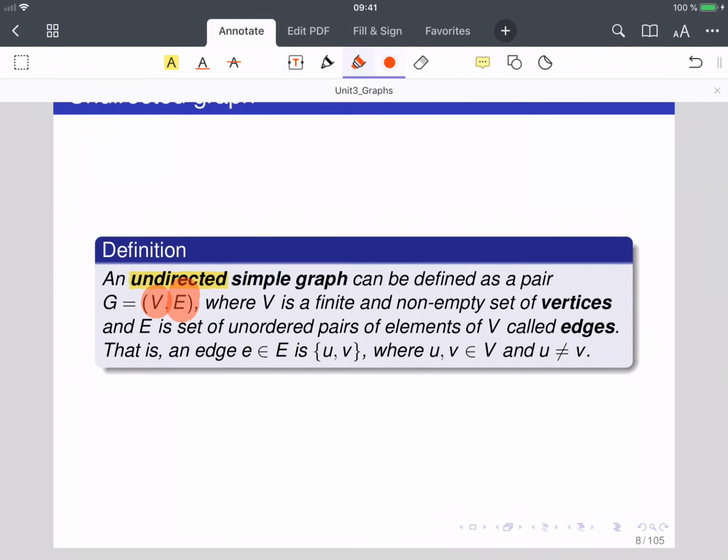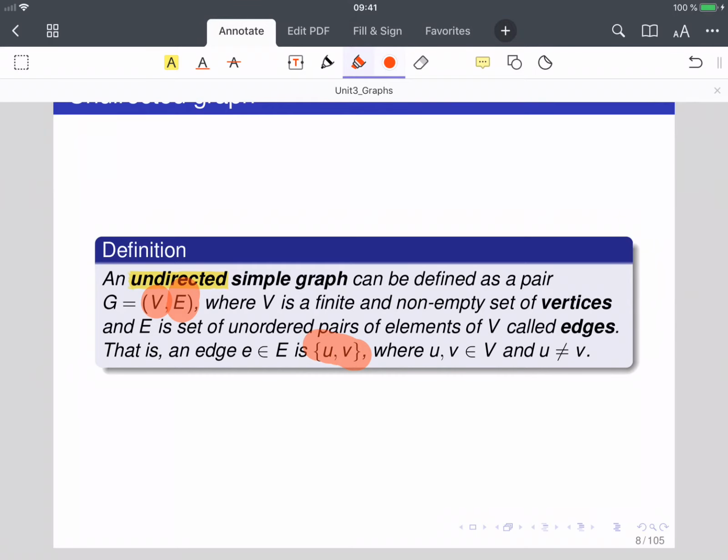The vertices can be any type of elements that you want. They can be numbers, they can be letters, they can be computers, they can be, I don't know, folders in a file system, whatever you want to study. And the connections, the edges, are always pairs of elements.